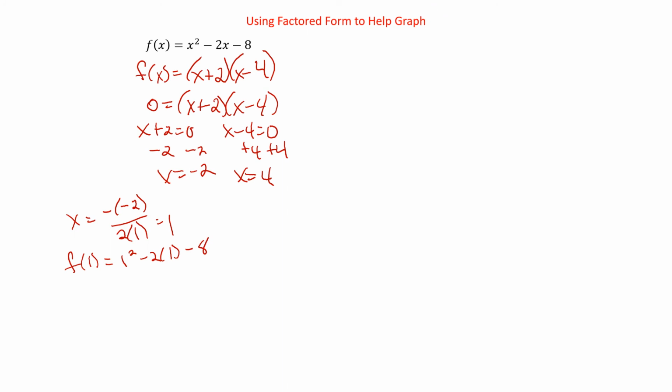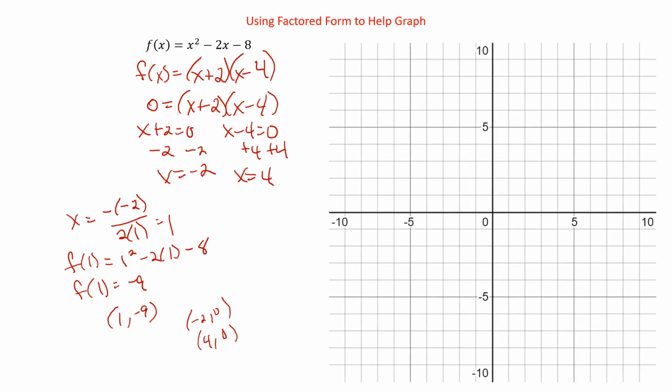So 1 squared is 1, minus 2 minus 8 is going to be negative 9. So our vertex will be at the point 1 comma negative 9. And then we have our zeros, which were negative 2 comma 0 and 4 comma 0. So we can use those to help us graph.